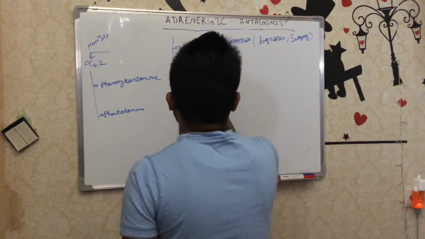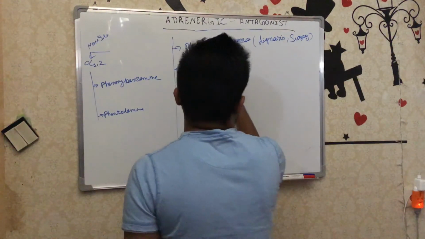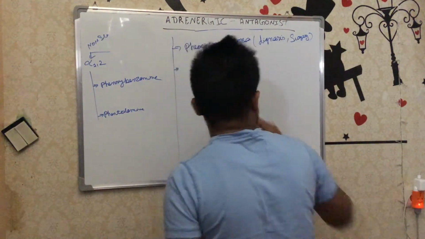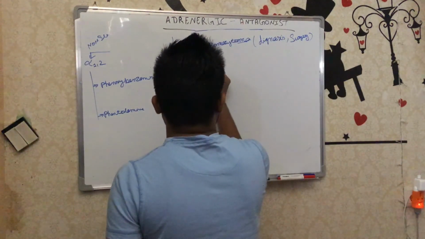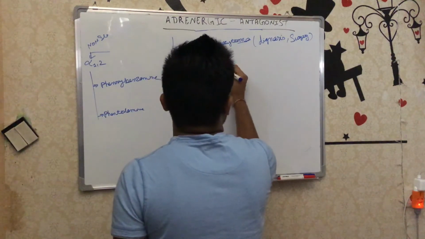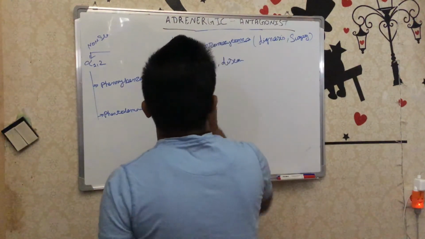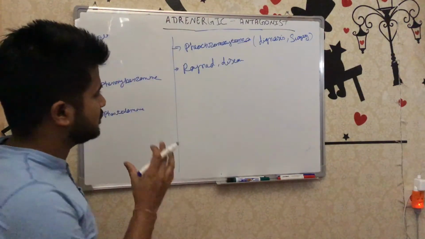Raynaud disease, or frostbite, we can say. Actually, in this disease, the spasm of the artery becomes too strong, the artery contracts too much.